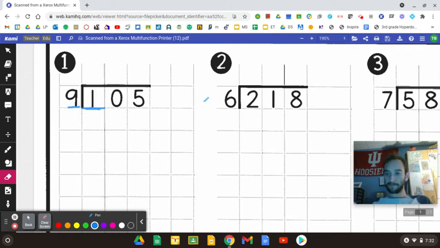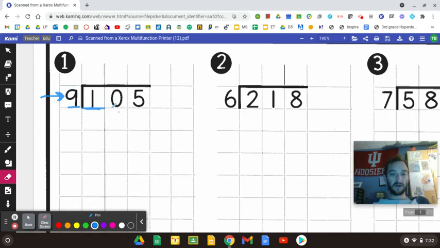So remember, when looking at this, your divisor is 9. This is the number we're dividing things by. Your dividend is 105. That is the number we are splitting up. If you think back to last year, 105 would be how many things we have, and 9 is how many groups we're making.